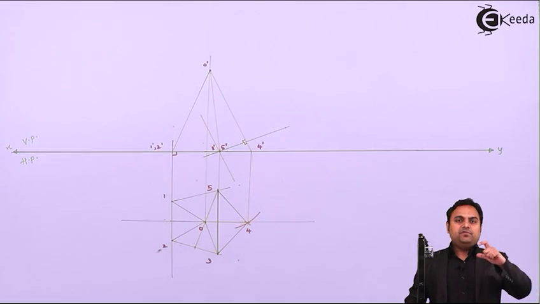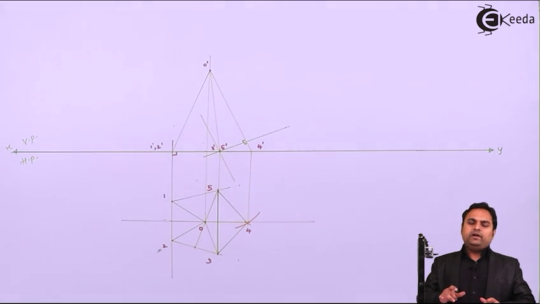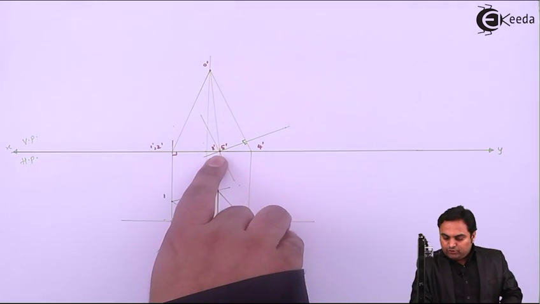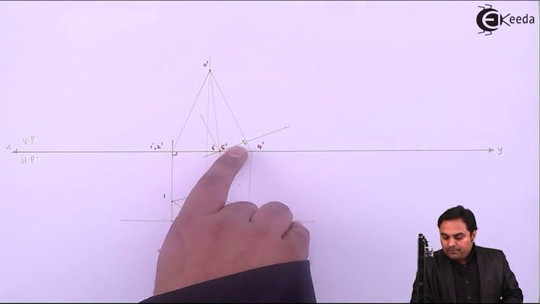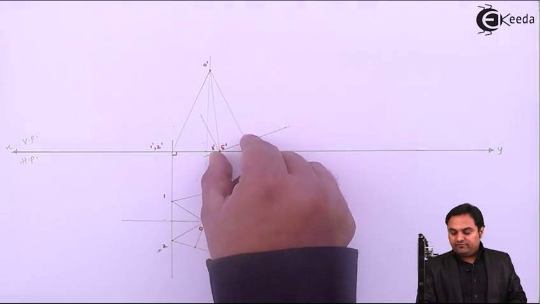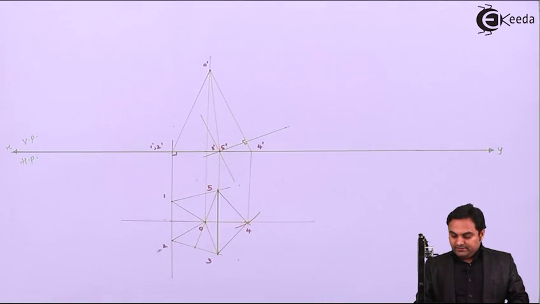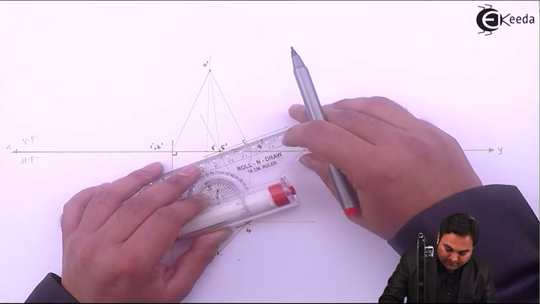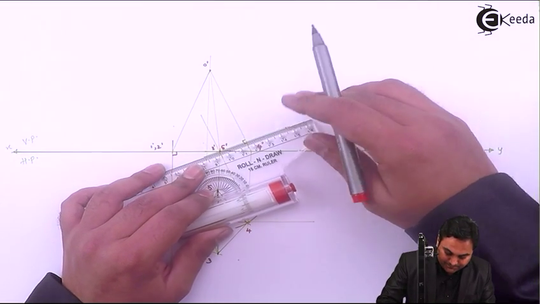Since we want the minimum height, for that we require the minimum length of the cutting plane, and that minimum length is only possible if I draw from 3 dash 5 dash a perpendicular line. This will give me the minimum distance. And now after getting this minimum distance, this is nothing but the length of the cutting plane.